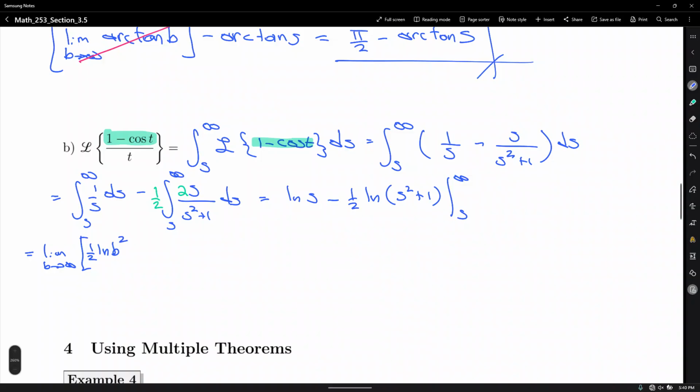Minus 1/2 ln of b squared plus 1. So this is the limit at infinity minus the lower limit. I'm going to go back to the variable s, minus, and I'm going to do the same trick: 1/2 ln of s squared minus 1/2 ln of s squared plus 1.